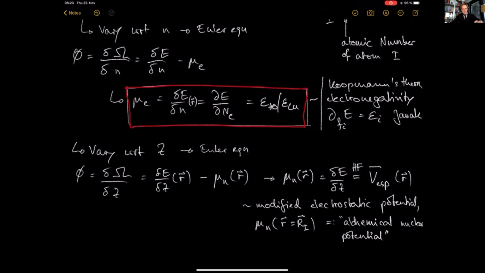Now, what is less common is the identification of a nuclear chemical potential, and also here we can have an Euler equation for the protons, and we arrive at the expression of the nuclear chemical potential, which we can identify as the electrostatic potential.